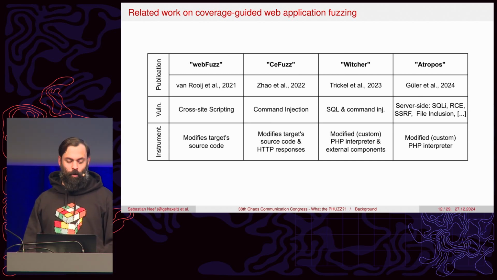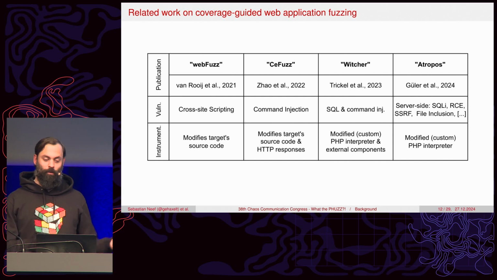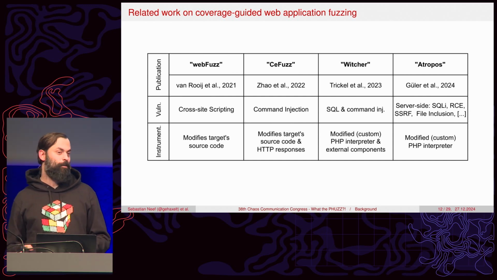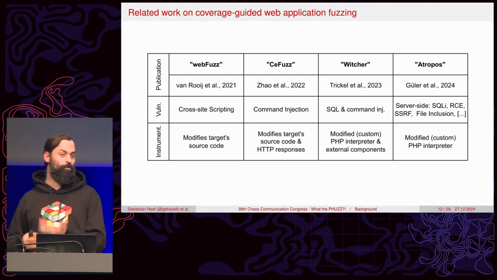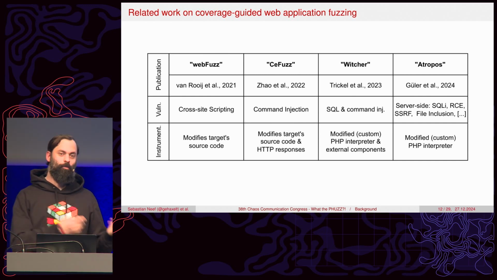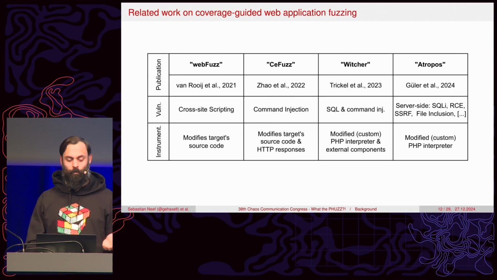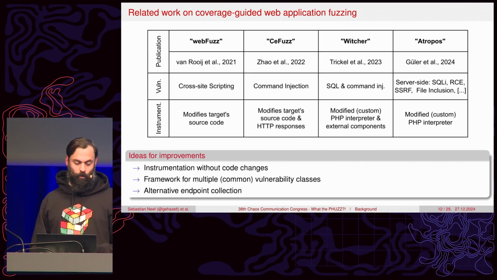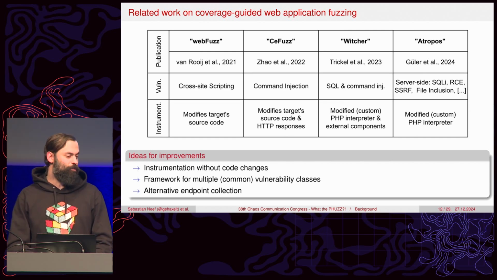And all the approaches by the related work require changes to the fuzzed application source code in order to instrument the application, or they had to modify the PHP interpreter with low-level changes or even external commands. So I had a few ideas for improvements.